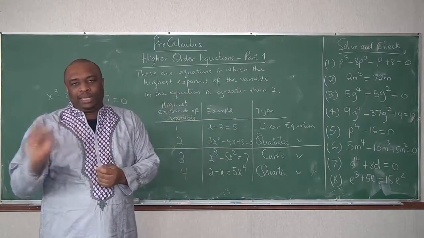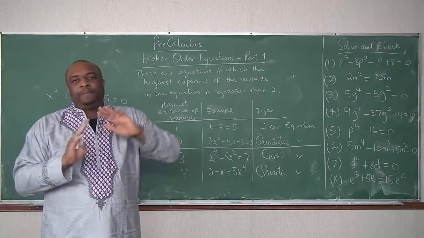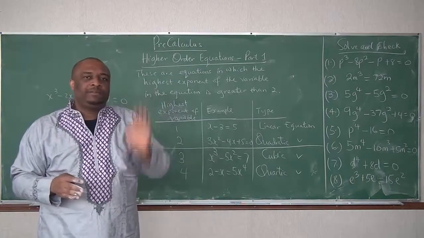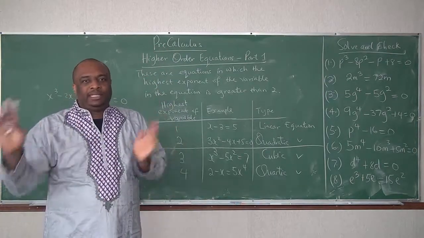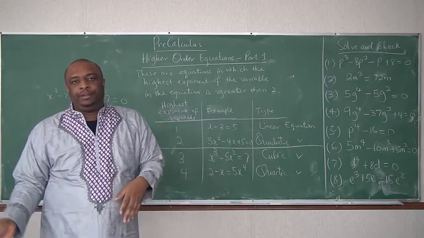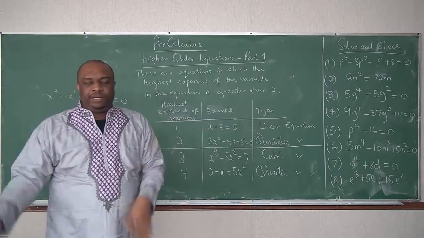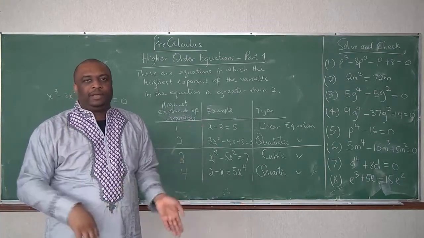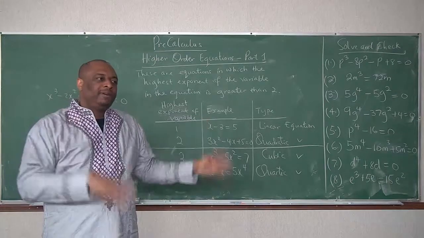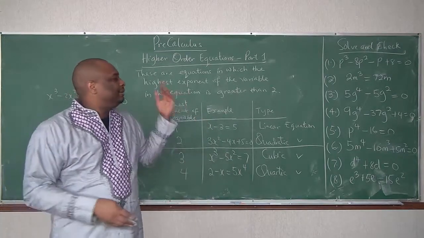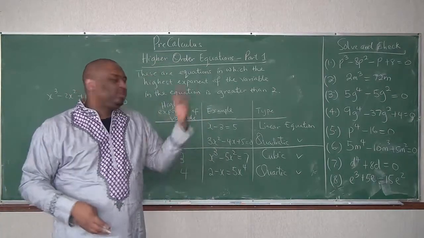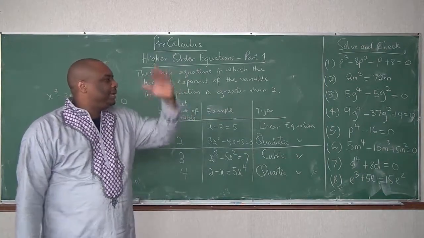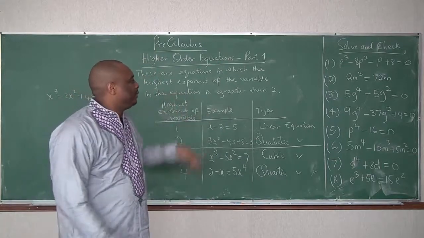It is highly recommended that you view the videos on factoring: factoring by GCF, by grouping, by difference of two squares, by difference of two cubes, by sum of two cubes, and factoring quadratic trinomial, because the method of quadratic trinomial is what we shall use in some methods here. So it is recommended that you view those videos prior to doing this.